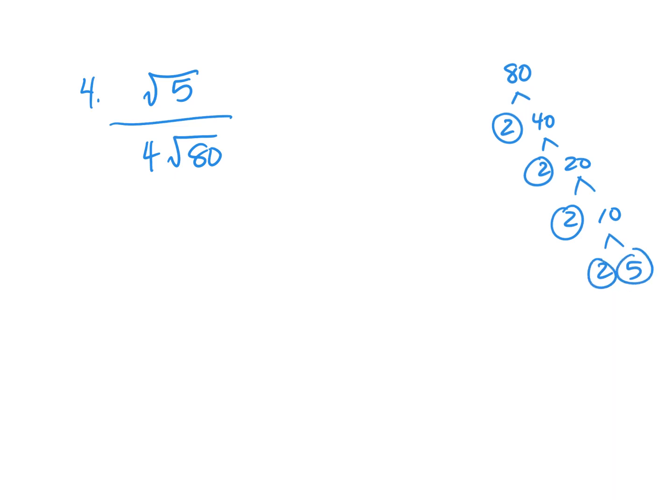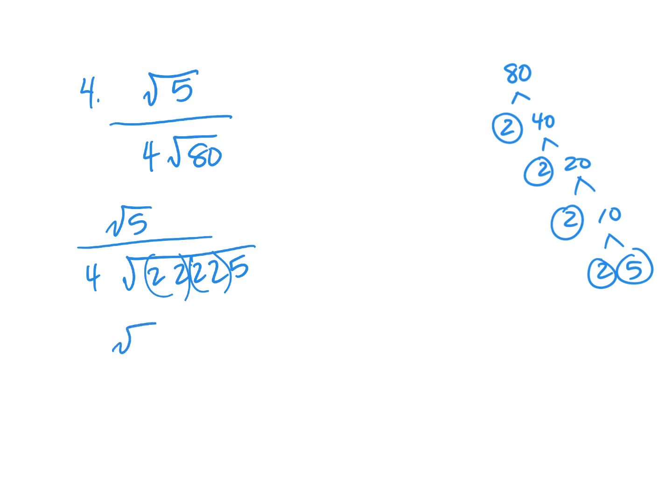So we got 4 2's, so it's radical 5 over a 4, and then we've got 4 2's and a 5. Everybody see that? What can I get out of the radical? A 4. So it's going to be radical 5 over 4 times 4, which is 16 radical 5.